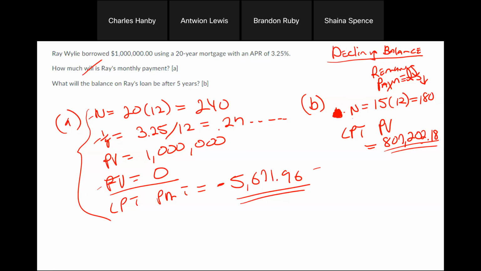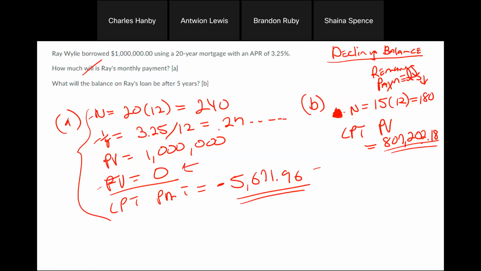So what will be the future value if it was part B? Would it be the 1 million? No, it'd be 0. Future value is still 0, because you're still paying that loan off at the end of those 20 years, or the remaining 15 years. So you want that value to be 0.